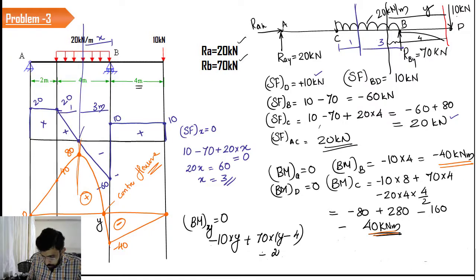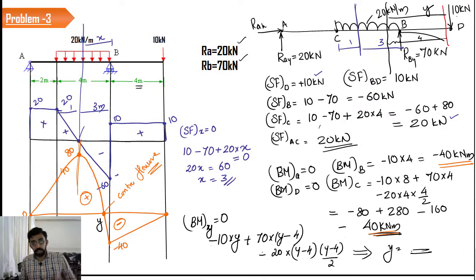Again, negative 20 into y minus 4 into y minus 4 by 2. We solve this, we will get the value of y. This is one way, because I have defined the length from here to here as y.